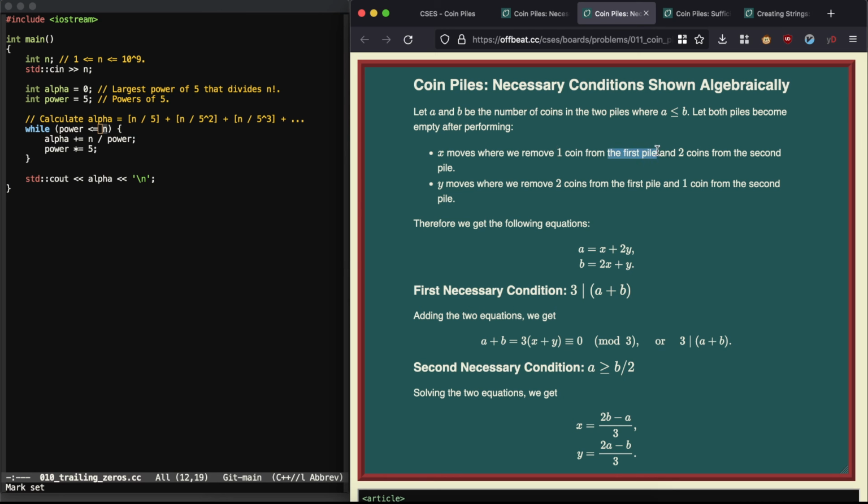We made it empty by removing one coin x number of times, and then removing 2 coins each in y number of moves. So a equals x plus 2y. Similarly, analyzing the second pile, we'll find b equals 2x plus y. And these two equations immediately give us the first necessary condition.